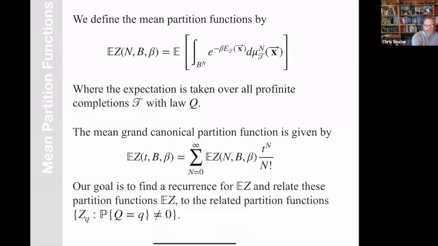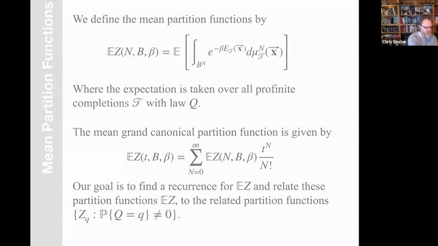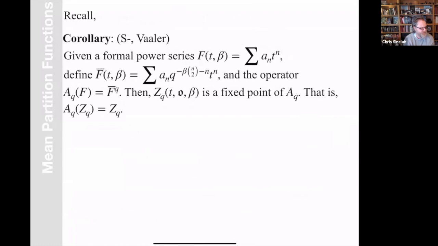And our goal would be to find, is there some sort of recurrence for this mean grand canonical partition function? Or is there something like the p-power law that would then allow us to find the mean canonical partition functions by doing some sort of quadratic recurrence or some other recurrence? The answer is yes, but I want to phrase it like this first.